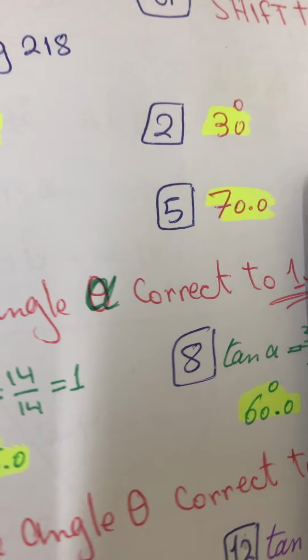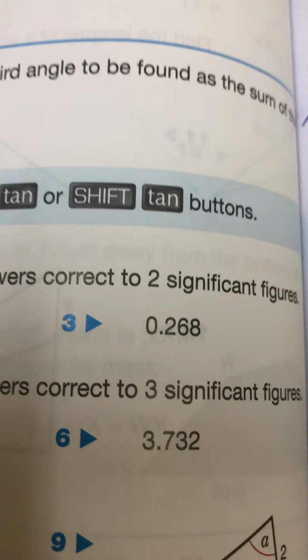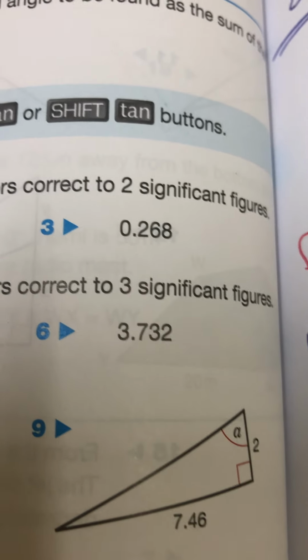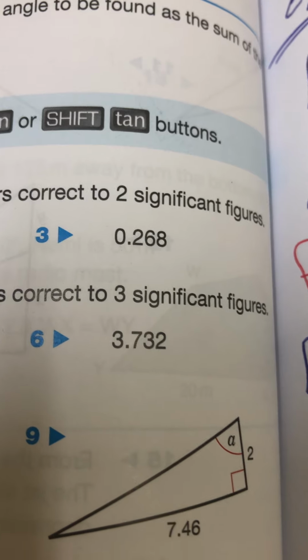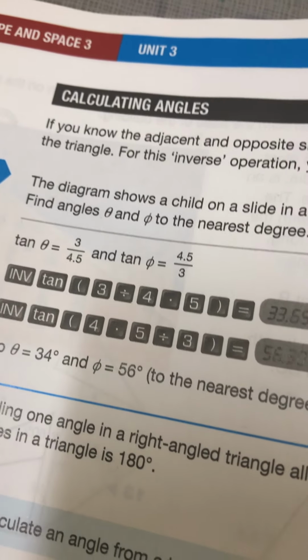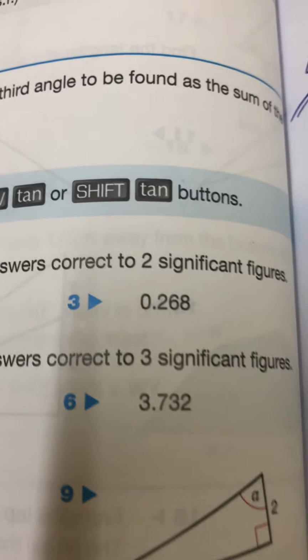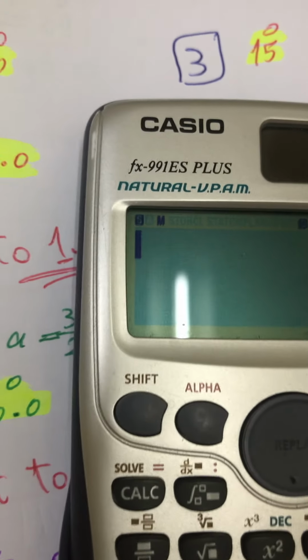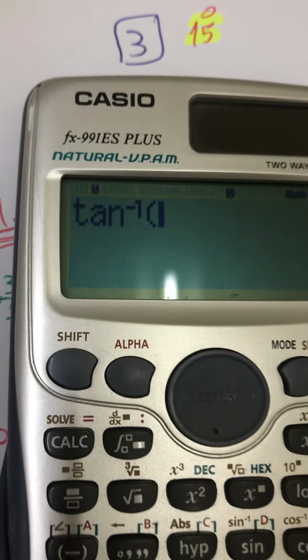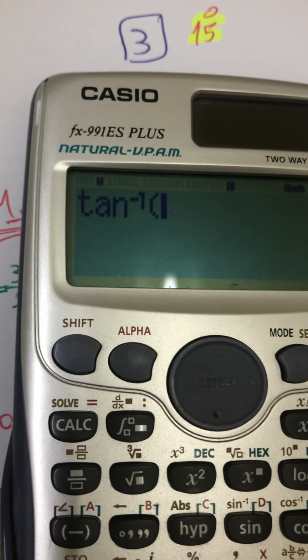I think it's very easy. Try to do number 6 yourself. I have tangent 3.732 and he asked me to calculate the angle. So follow the steps. I press shift, then tan. Now you have tan inverse, tan negative 1.